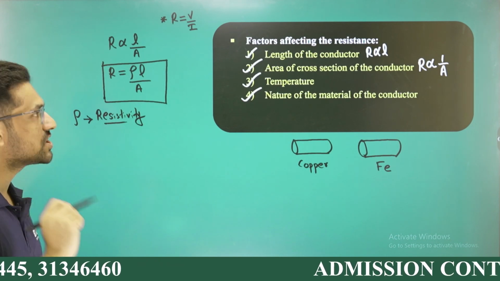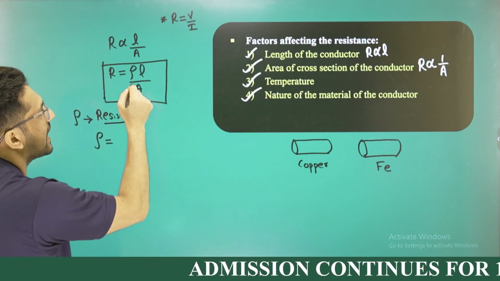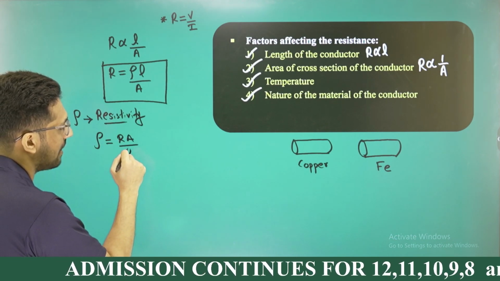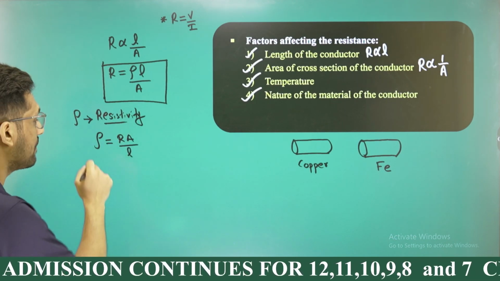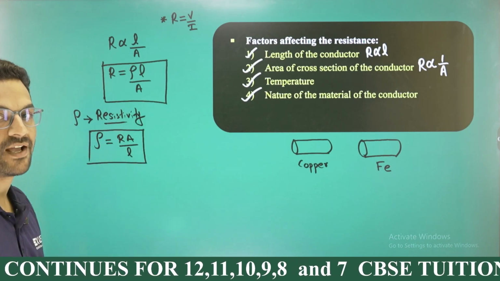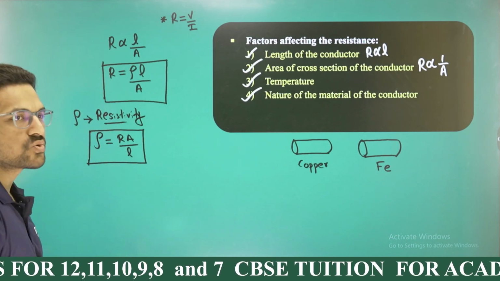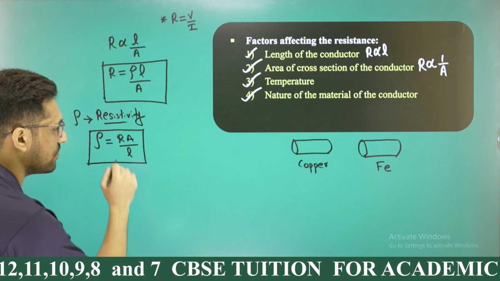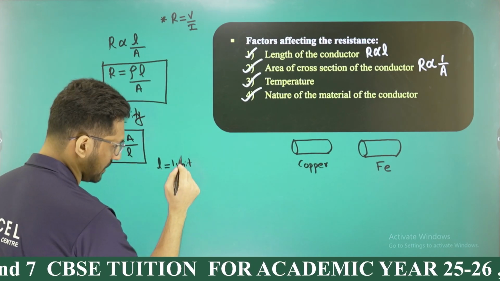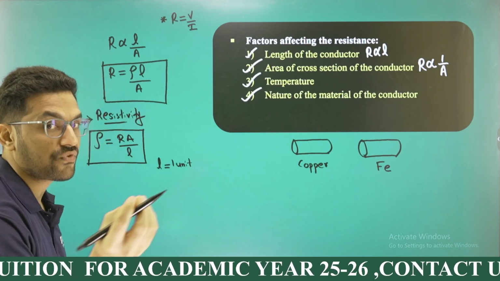Resistivity. That is rho. Let's write an equation for resistivity. Rho is equal to, you can bring A to the other side, then it will be RA by L. This is the equation for resistivity. Understood? Then if you want to define resistivity, let's take L equal to 1 unit, unit length of a conductor.